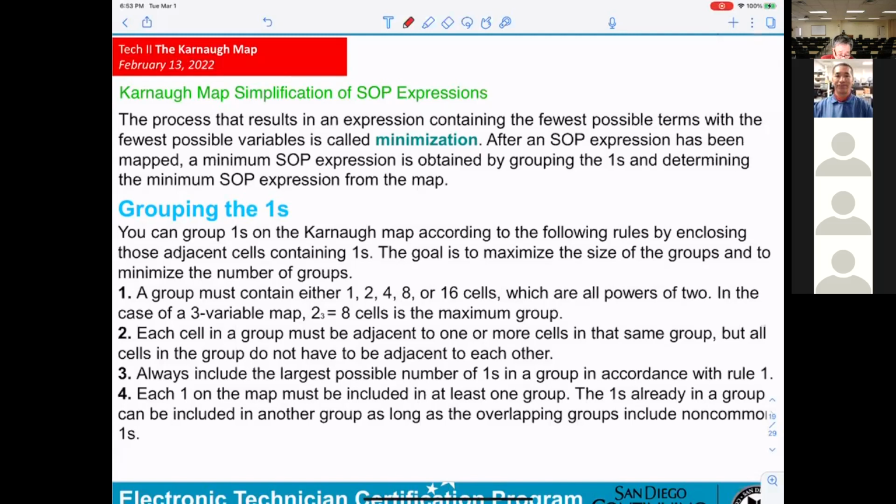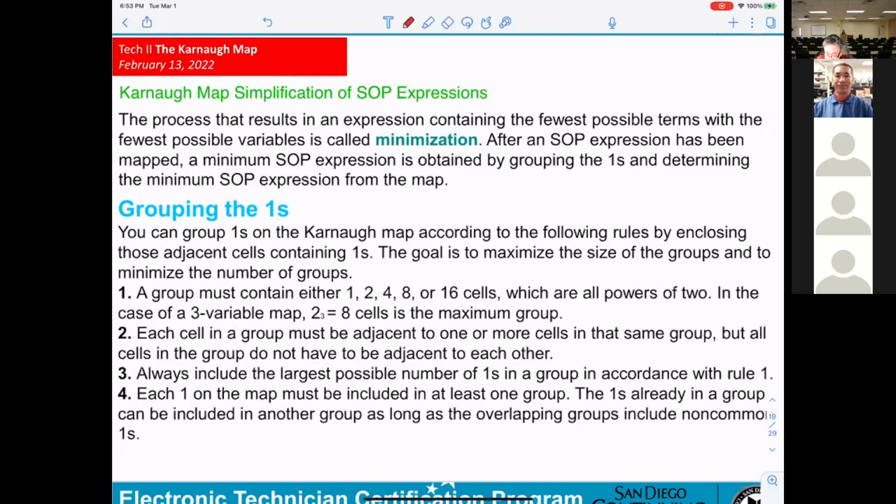Each cell in a group must be adjacent to one or more cells in that same group, but all cells in the group do not have to be adjacent to each other. Always include the largest possible number of 1s in a group.